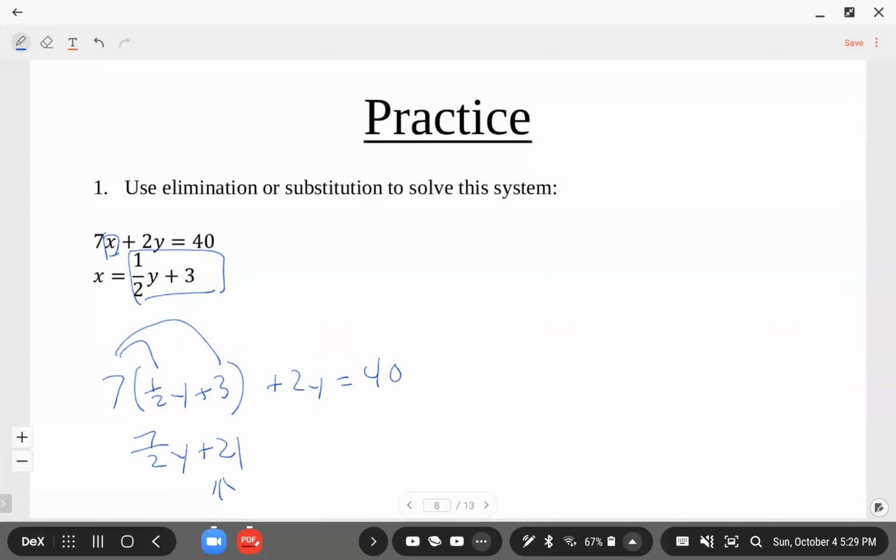And then plus another 2y equals 40. So the big idea, and I taught this in Algebraic Equations 1, which was my second class. Very far back.